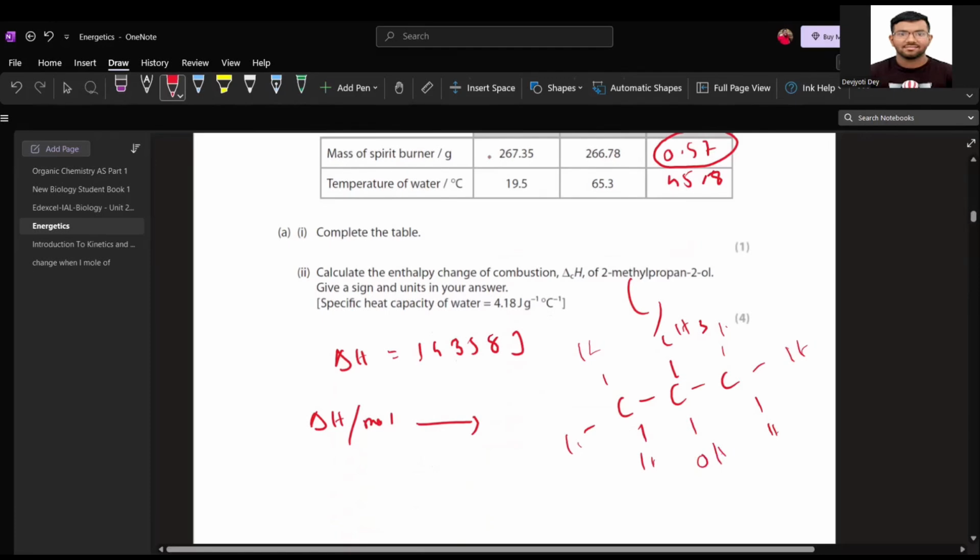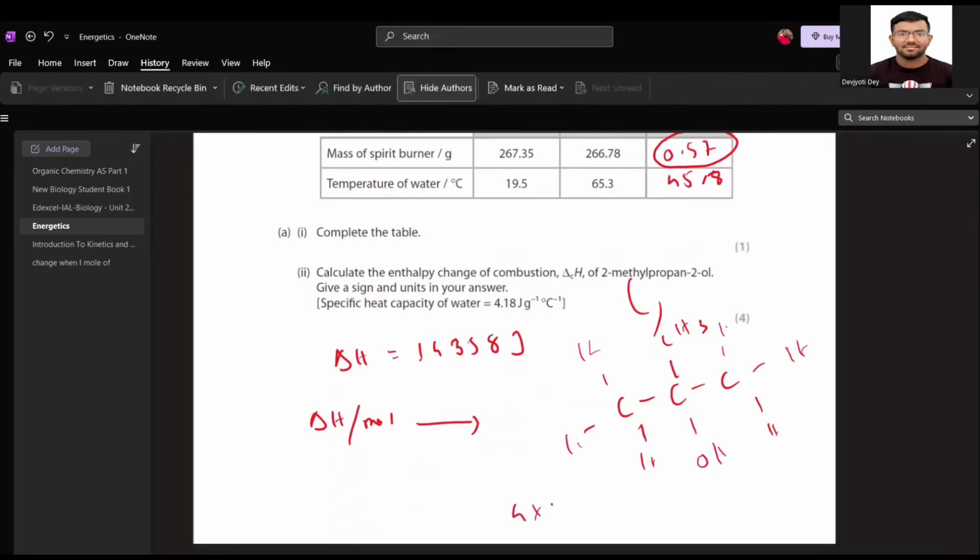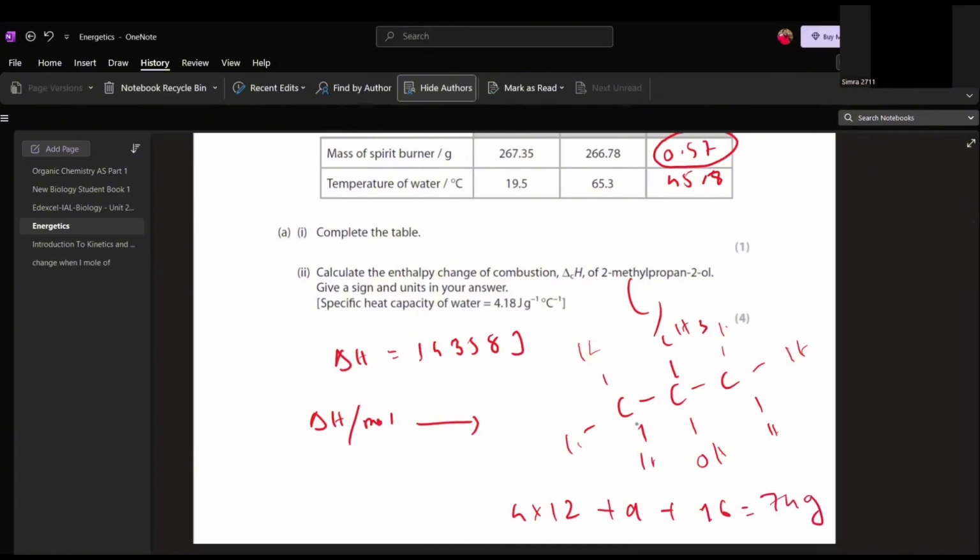So we have four carbons, so 4 times 12. We have 9 hydrogen, and then there's 1 oxygen, right? What do we get here? We get about 74, right? 73. Let me calculate again.